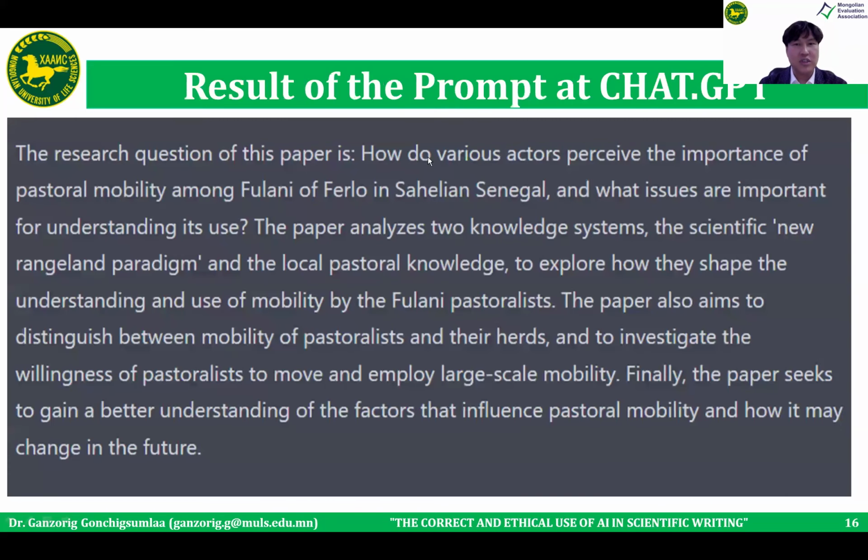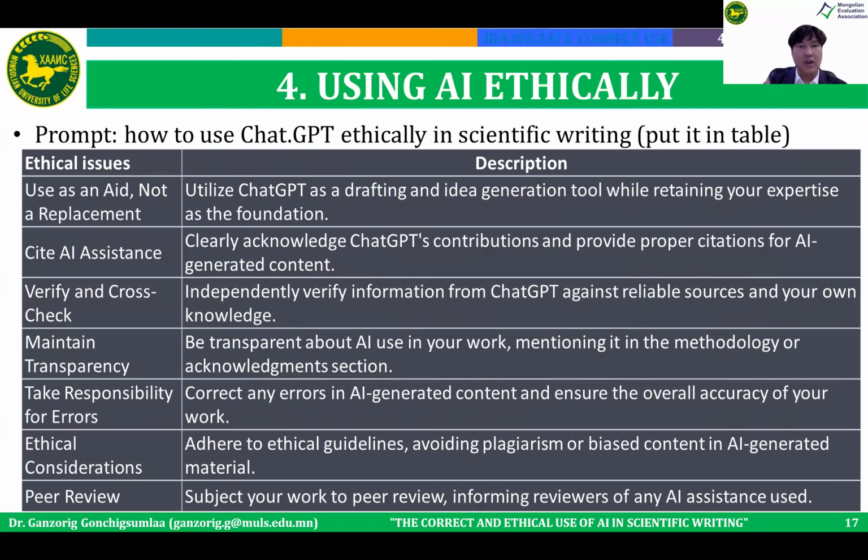So the research question is, this is the result: the research question of this paper is this and that. When you read these research questions generated by ChatGPT, it really matches and understands the text and gives you the research question. So this is just to save some time instead of you extracting all these research questions.